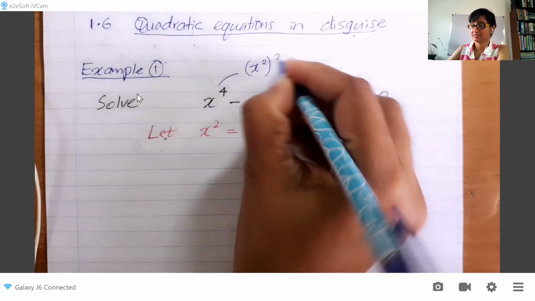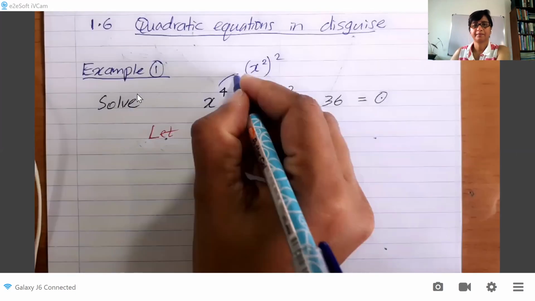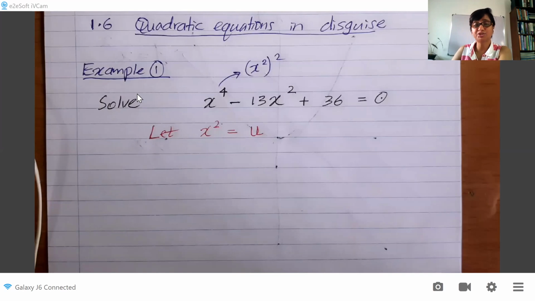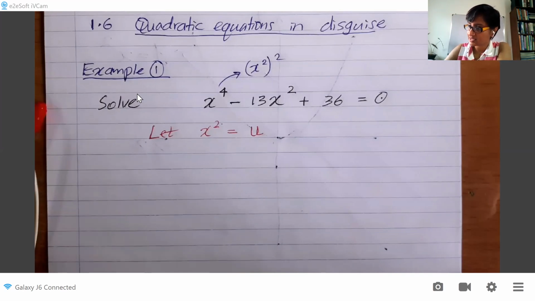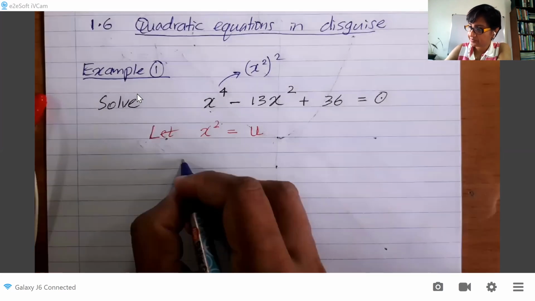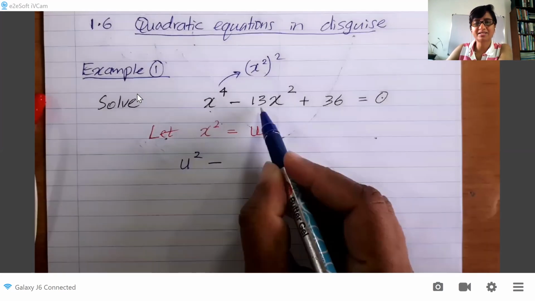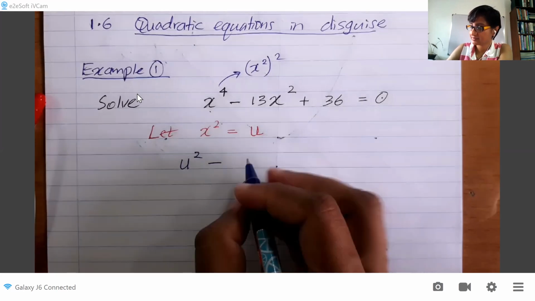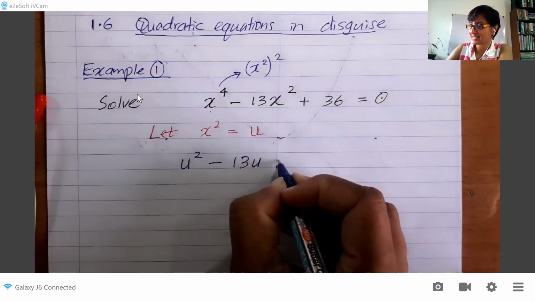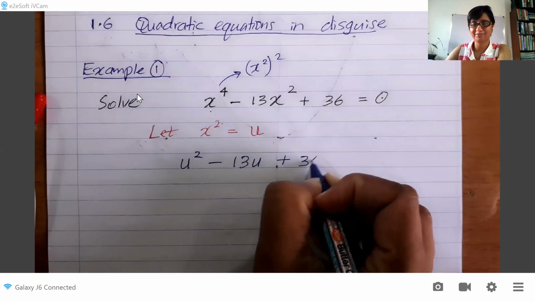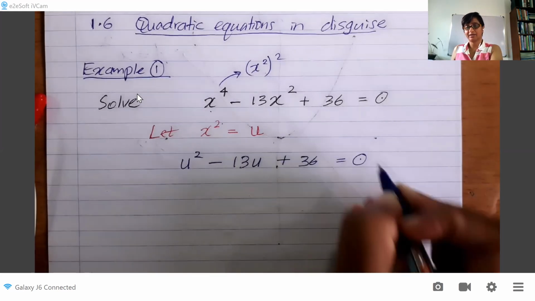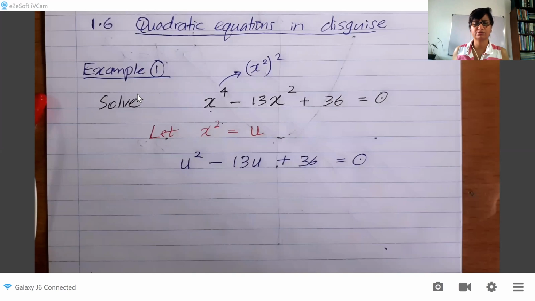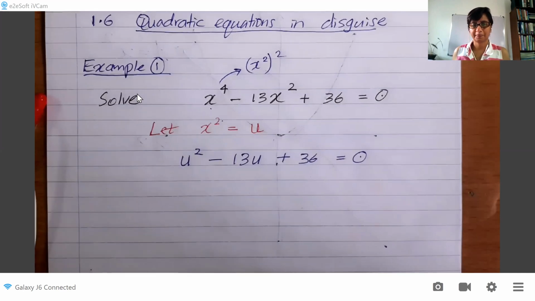Do you see that? So that is u squared. So this becomes u squared, and this becomes 13u plus 36 equals 0. Now what is that? It's a quadratic, not of x, of u. Okay?